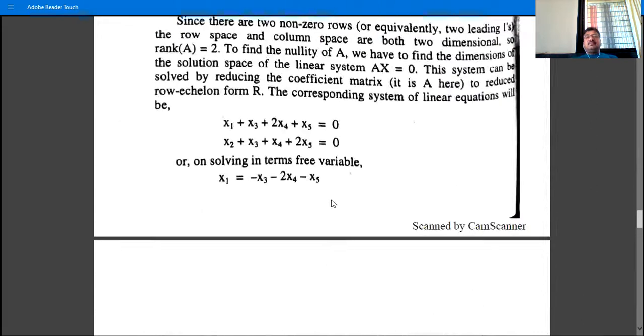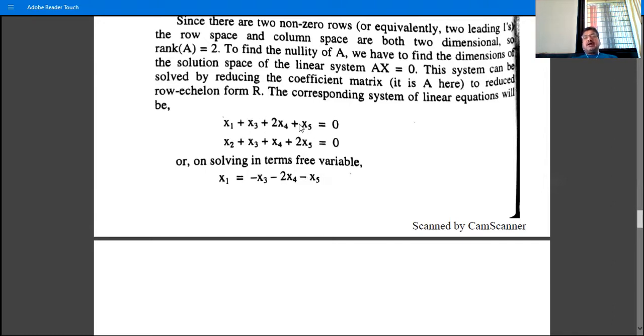But if after rewriting the equations, the number of equations is equal to the number of unknowns, then what happens? In this example, there are 5 unknowns and two equations, so the difference is 5 minus 2, that is 3. So we have to assign 3 unknowns, and therefore the nullity of A is 3.